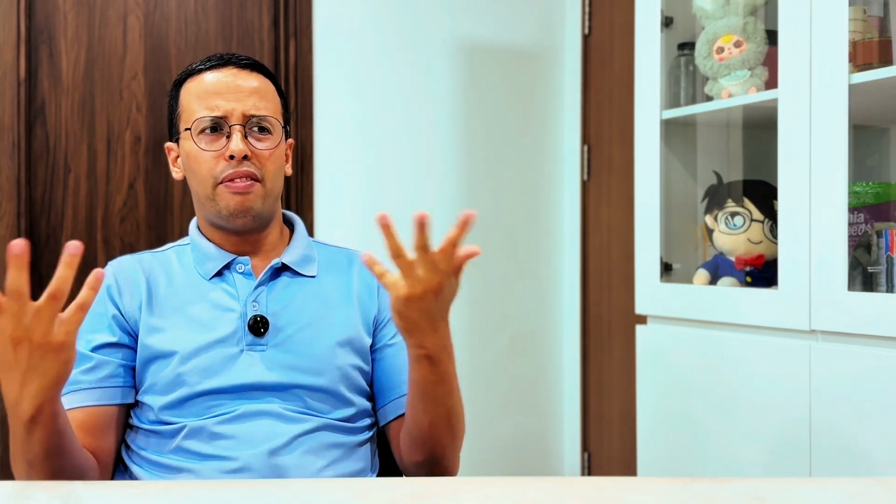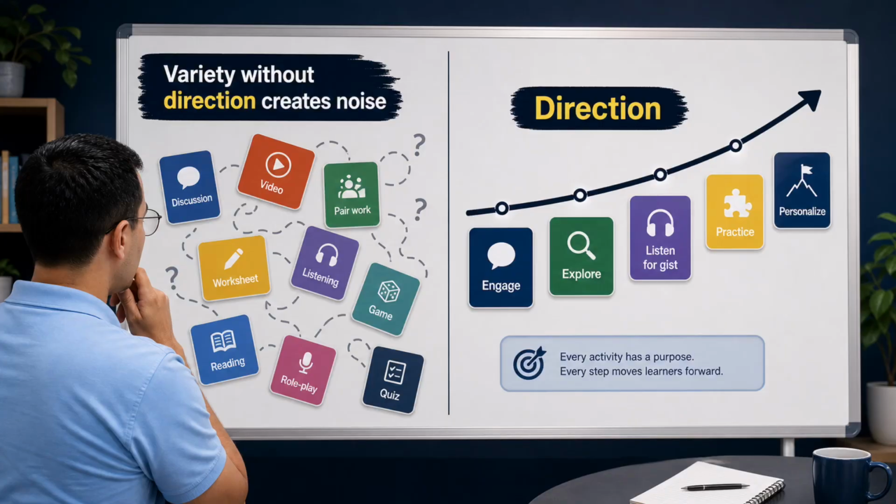Every item might be useful. That basket still might not become a meal. This is why new teachers often say, "But I planned a lot of variety." And they are right that variety matters, but variety without direction creates noise.